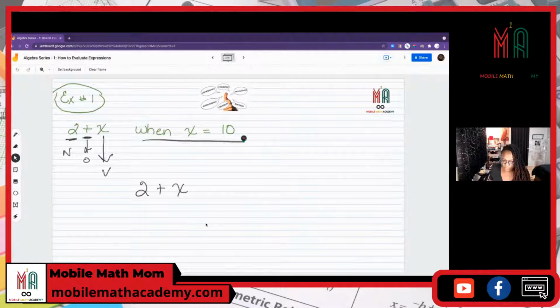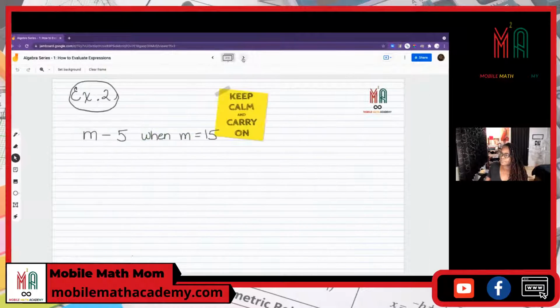So all I'm going to do is replace this x with the number 10. And now I'm going to come up with an answer, which is 12. So when I evaluate 2 plus x, when x is 10, my evaluation is 12. All right, let's look quickly at the next one.